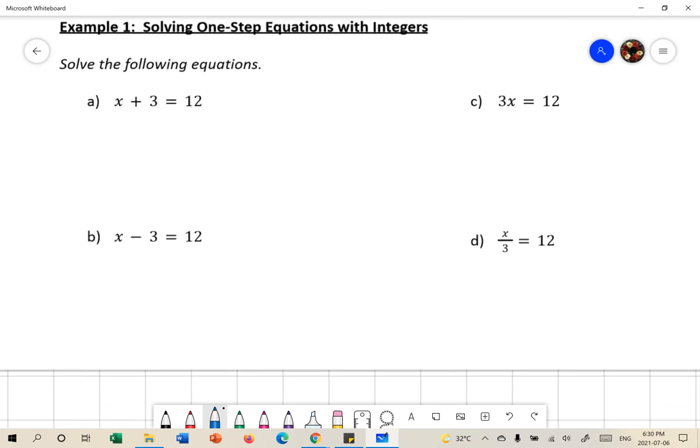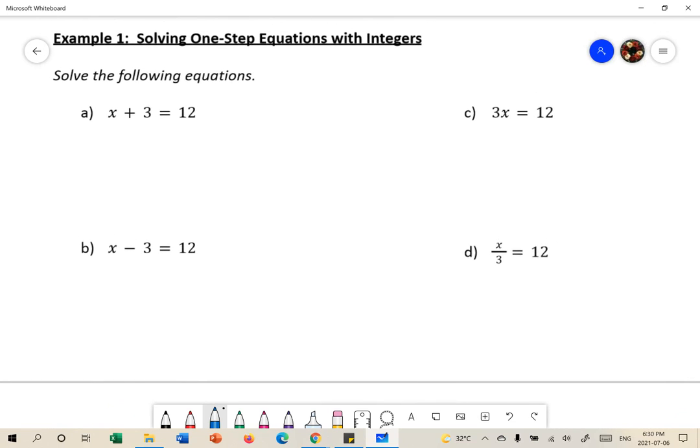Let's practice isolating our variables so that we can find the value of each variable. In A, we have x plus 3 is equal to 12. We want x to be alone. This plus 3, or positive 3, is in the way of x being alone on the left side of the equal sign.